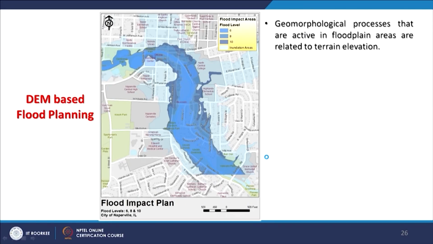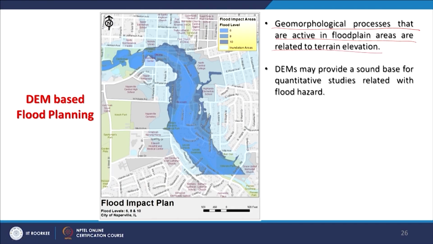Now the second part of this discussion, after the viewshed: DEMs can also be employed, and are being employed, for estimating floods. Of course, there are many other things which can also be incorporated to have a realistic picture or real estimates of flooding or flooded area. So the geomorphological processes or features will also be required, because these processes are active in floodplain areas and are related to terrain availability.